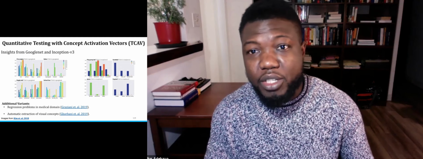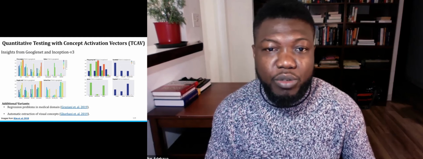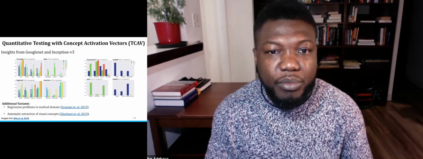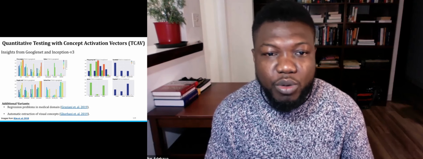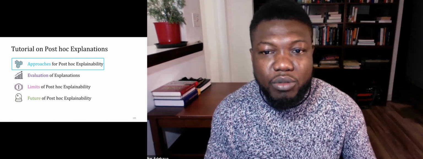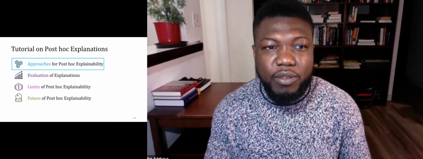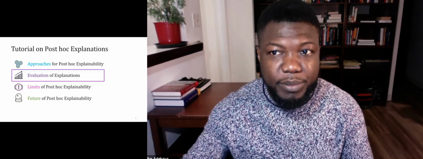And there have been extensions of TCAV to regression, as well as automatic ways to extract concepts from input data. And so with this, we conclude a quick overview of representation-based approaches. And this brings us to the end of the section on approaches for post-hoc explainability.